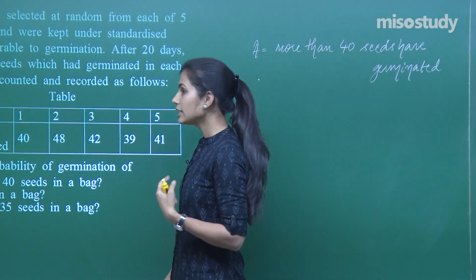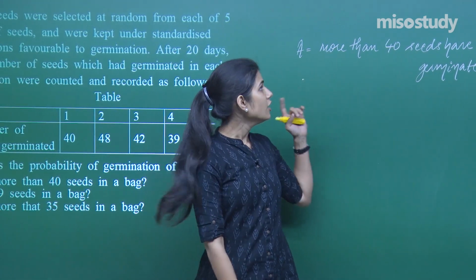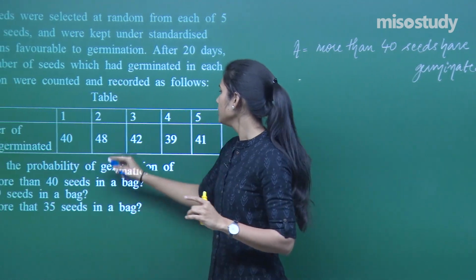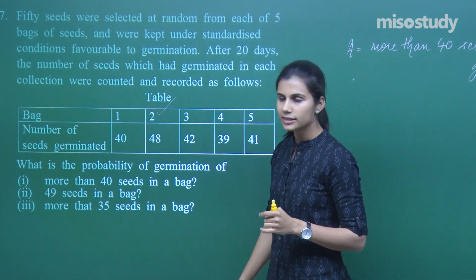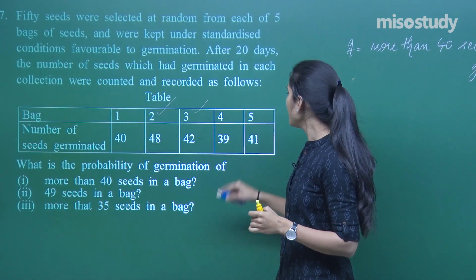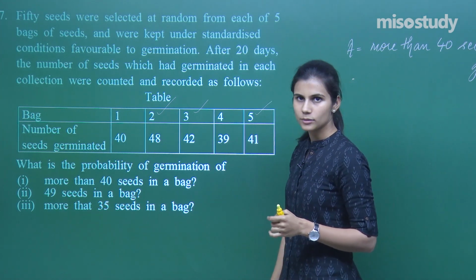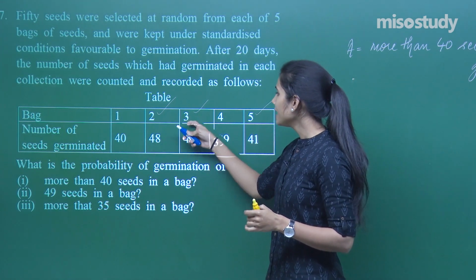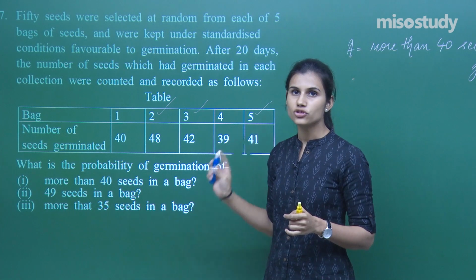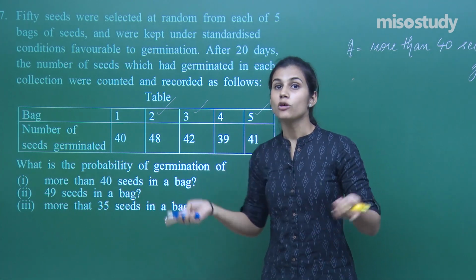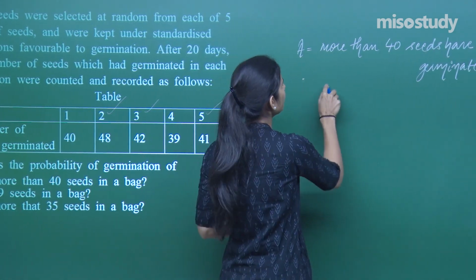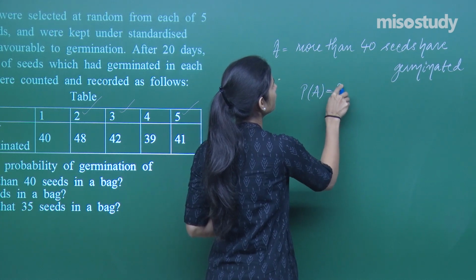If I talk about the number of bags in which more than 40 seeds have germinated, more than 40 have germinated in the second bag, in the third bag, in the fifth bag. So more than 40 seeds have germinated in 3 bags out of 5 bags. So 3 by 5 is the probability of A.